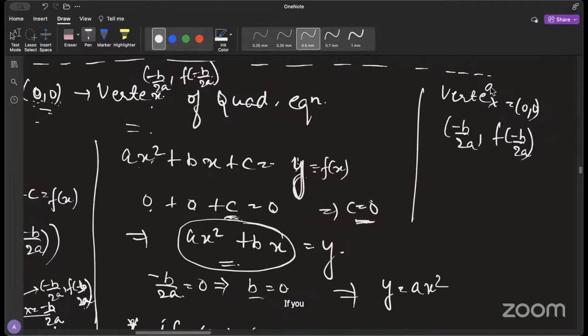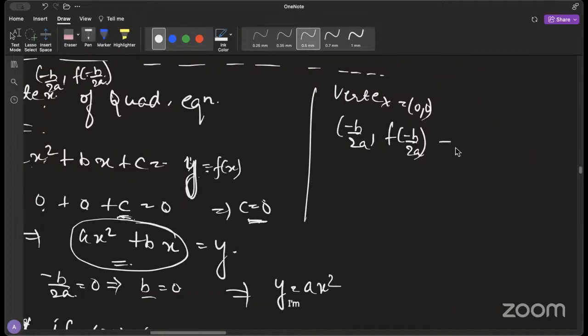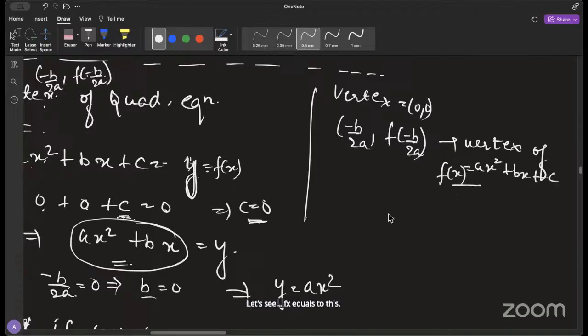If your function is f(x) equals ax squared plus bx plus c, then this is the vertex.